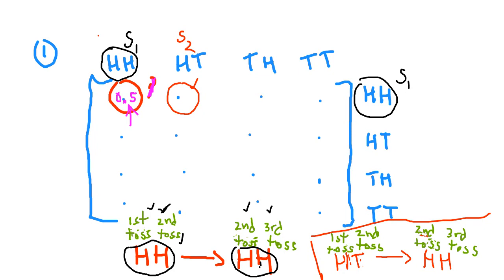Okay, so can this transition happen here? Can that transition happen? Can you get a first toss being a head, a second toss being a tail, move from that state to the state where the second toss was a head and the third toss was a head? Is that possible?